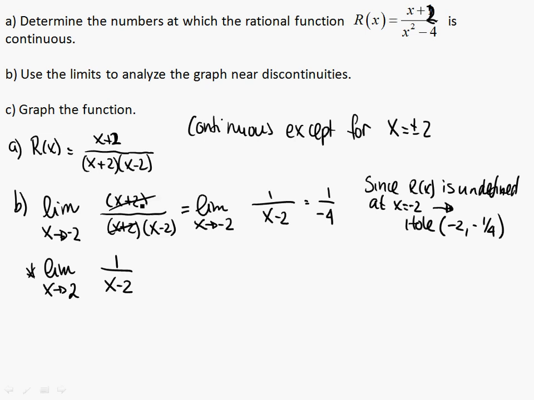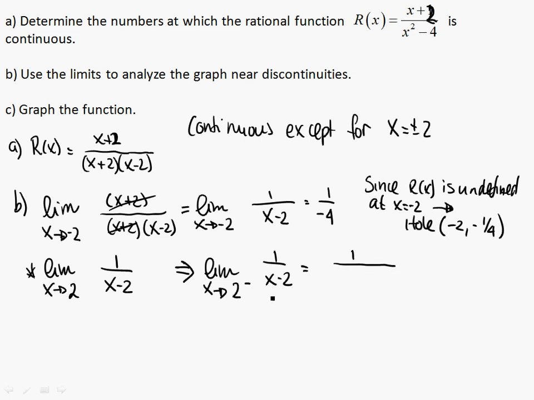I'm already going to use the canceled version of this. So right now I have a problem because can you just plug this in? Yes? No? Okay. So I'm going to split this right now, and I'm going to see what happens with numbers that are slightly less than 2 and then slightly more than 2.